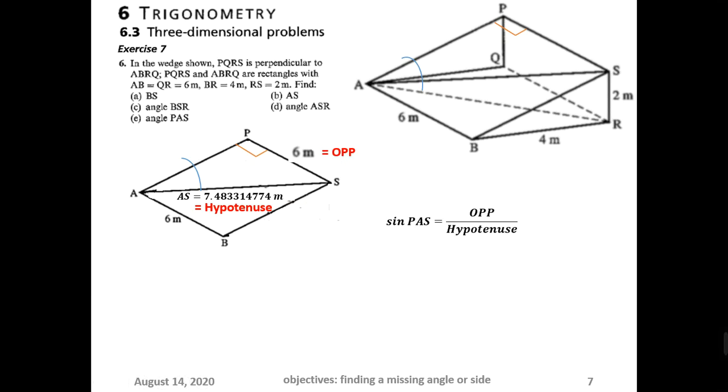Let's substitute in this formula. Sine PAS, the opposite is equal to 6. So it's 6 over, and the hypotenuse is equal to 7.48. So it's 6 over 7.48. Don't insert this in the calculator yet. To find PAS as an angle, you're going to use sine inverse of 6 over 7.48.